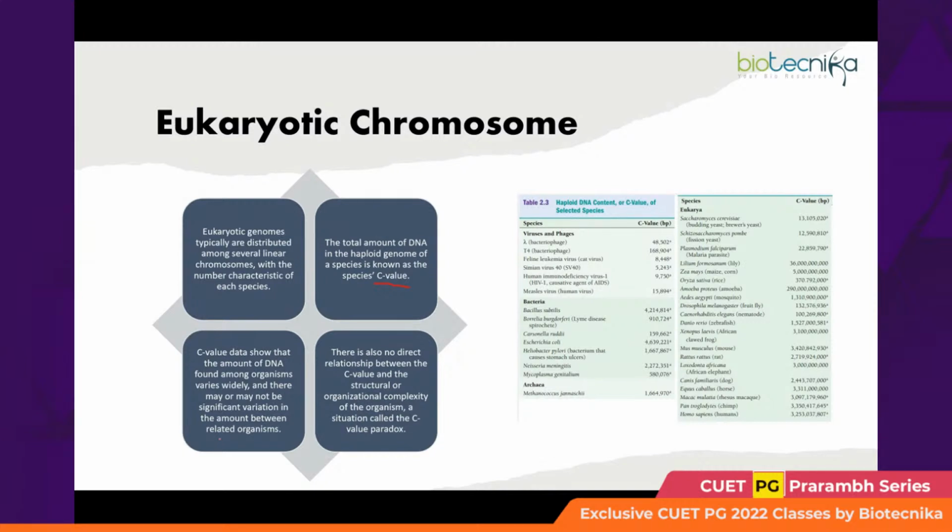For example, these organisms belong to the eukaryotes, and all the higher organisms in eukaryotes have a similar C value. So the C value will be kind of similar between related organisms.